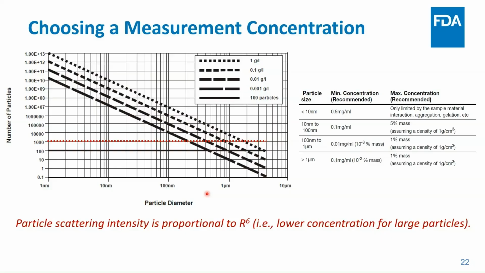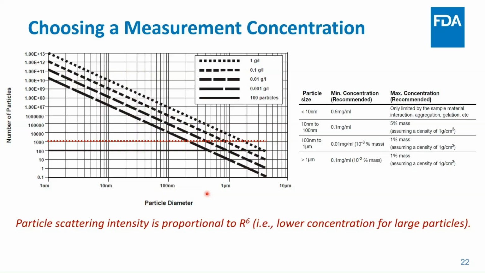The lower limit for DLS really is defined by the number of particles that are inside of the scattering volume. So inside the cuvette, there's a small region where the laser is focused and the detector is also focused, and where those cross is the scattering volume. So each particle that's inside of that volume is actually what's giving the signal back to the system.